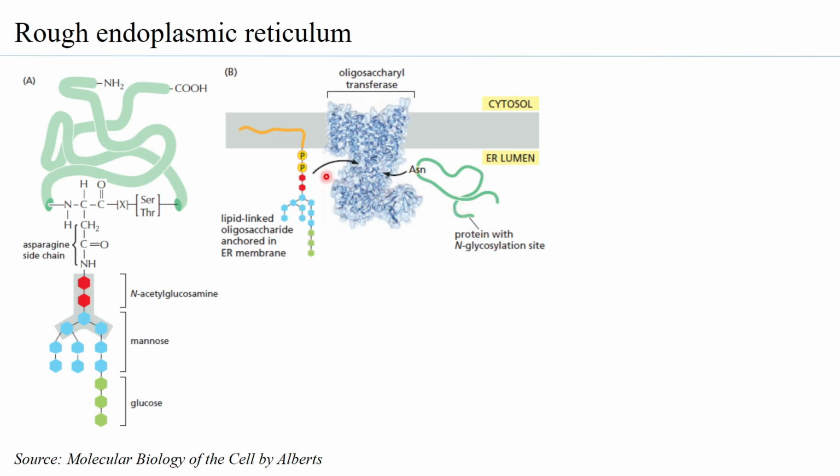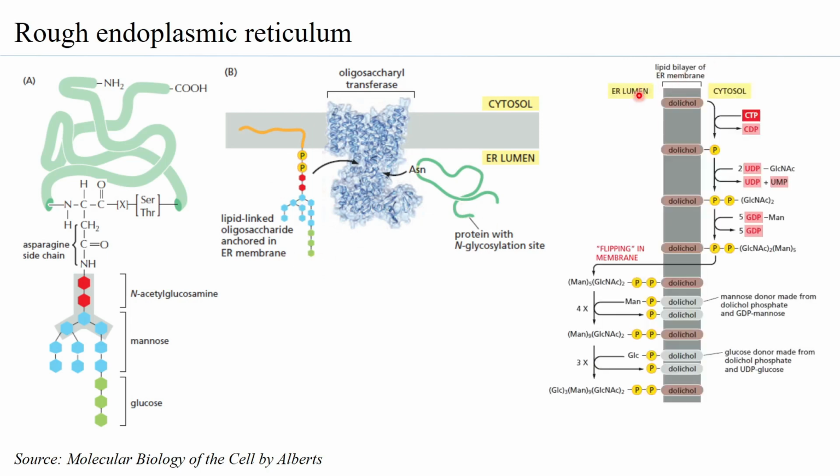Now let us look at how this oligosaccharide moiety itself is formed. Interestingly, the ER membrane has something that is called dolichol phosphate. This is of course a lipid moiety. Okay, and this dolichol phosphate is the phosphate to which you have the first oligosaccharide added, so that is N-acetyl glucosamine.